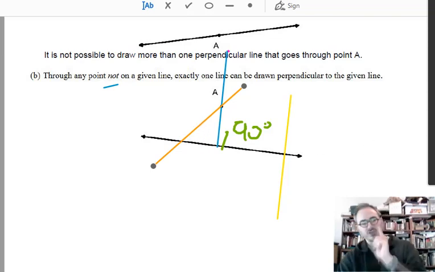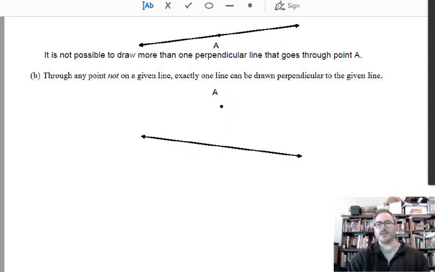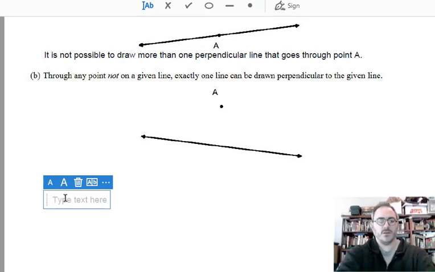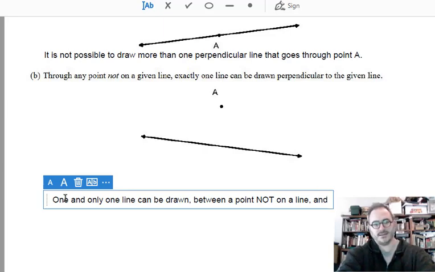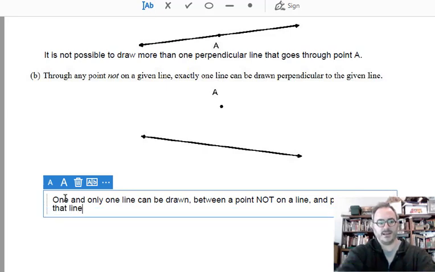So while I can only draw one and only one line that goes through point A and is perpendicular. One and only one line can be drawn between a point not on a line and perpendicular to that line.